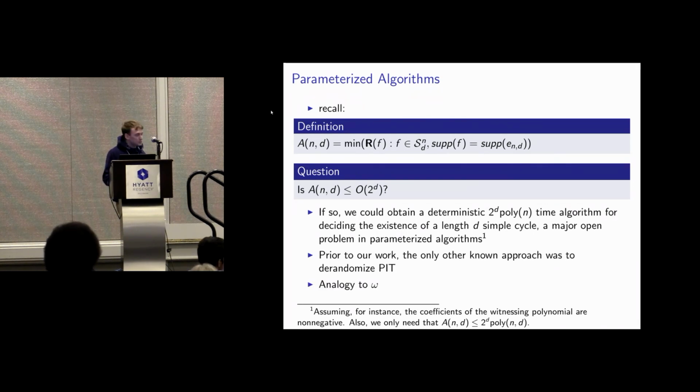And there's somewhat of a similar situation happening here as with the exponent of matrix multiplication, where we have some specific family of polynomials and upper bounds on the rank of these polynomials gives algorithms for some problems.